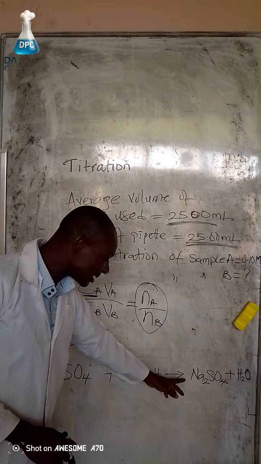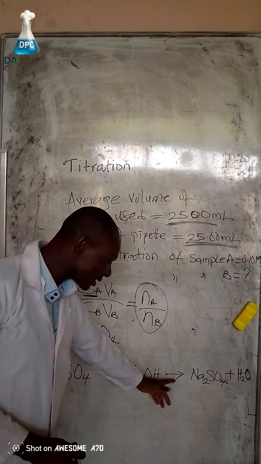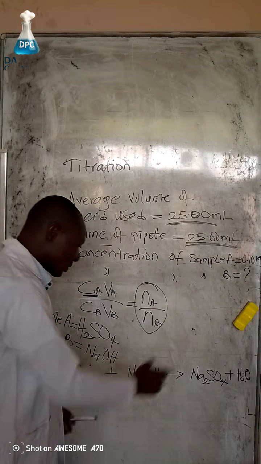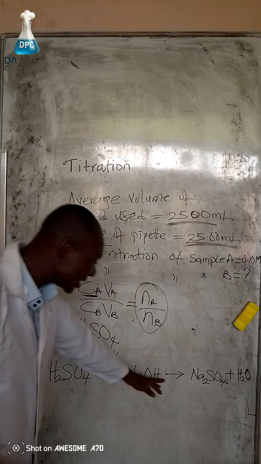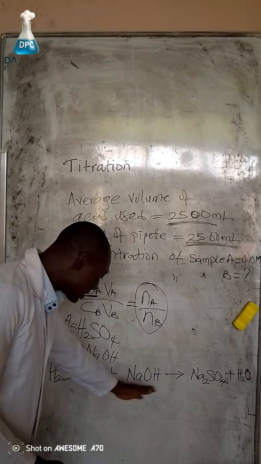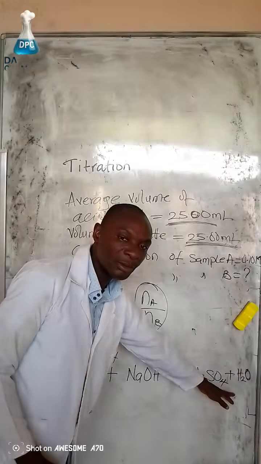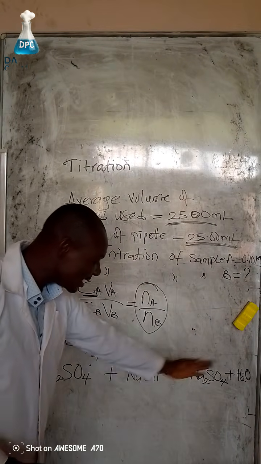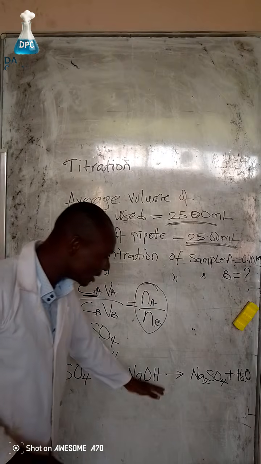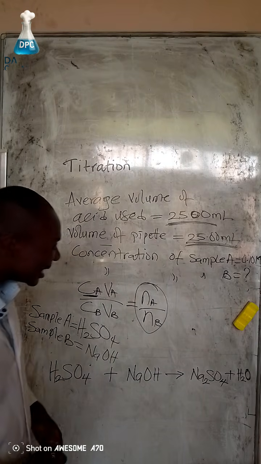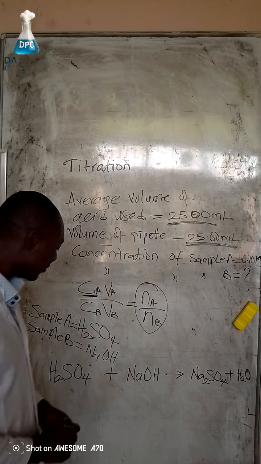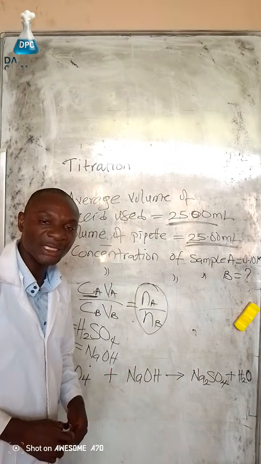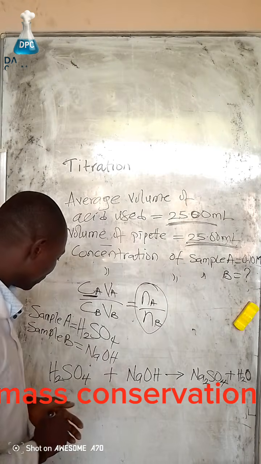This arrow pointing to the right indicates a process, but the left hand side and the right hand side must be equal. So it also means equal. That is what we call the law of conservation of mass in chemistry.